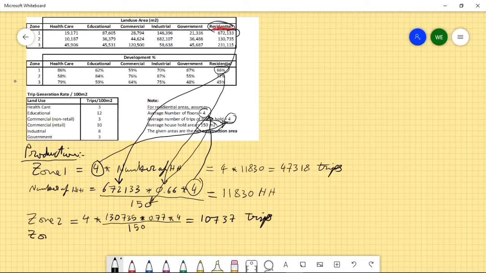Zone 3, we have 4 multiplied by the area, 203,115, multiplied by 0.45, multiplied by 4, and divided by 150, equals.